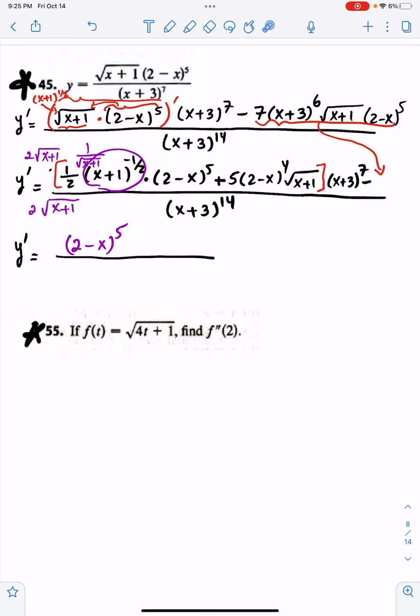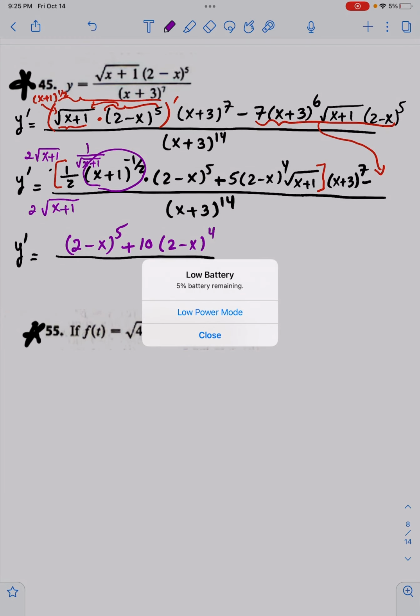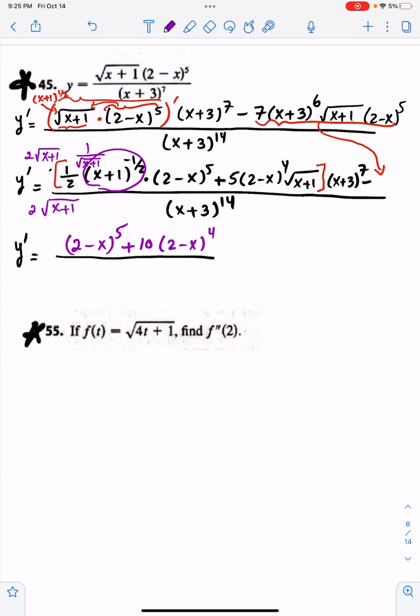On the second one, you're distributing this 2 by 5 is 10. The radical by this radical, so the radical disappears. So what you're going to have left is plus 5 times 2, we said 10, (2 minus x) to power 4. And then radical and radical removed, so it's x plus 1.